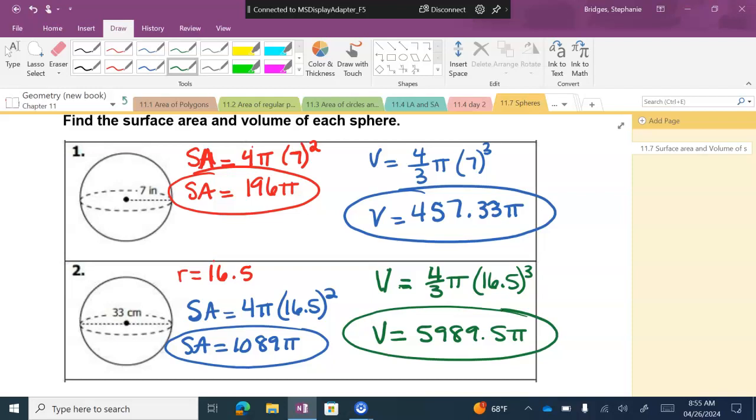Remember, anything that has a circle in it has to have pi in your answer, so don't forget to put pi behind your numbers.